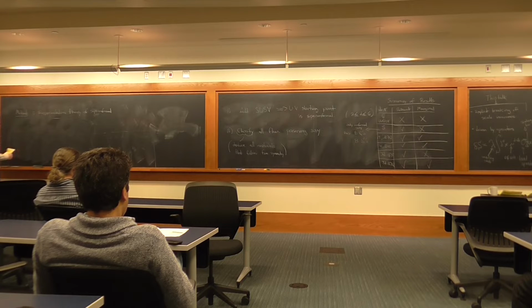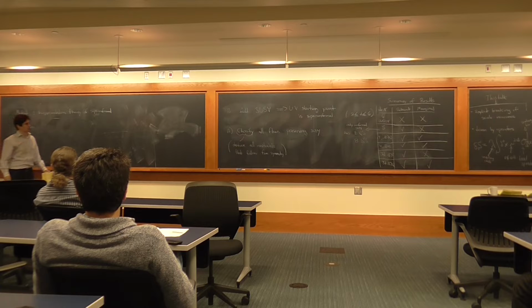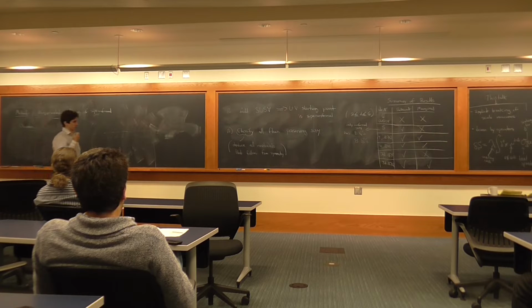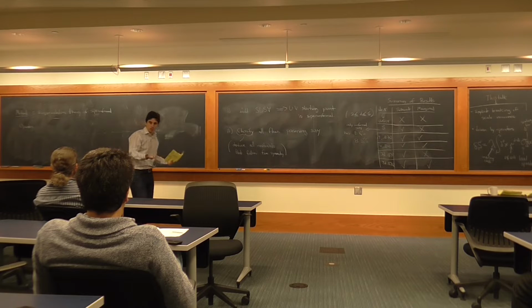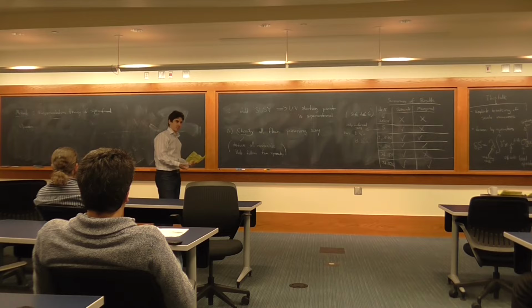Okay, so how do we proceed? Well, we need some method, especially if we're going to be studying 5 and 6 dimensional superconformal field theories. We need some method that's not Lagrangian based, because there are no Lagrangian examples of 5 and 6D superconformal field theories, even though we believe they exist from various string theory realizations.